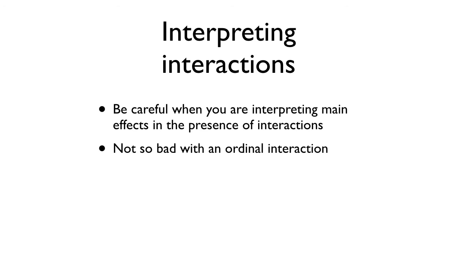There's probably an interaction there because those are not parallel lines, but I would feel pretty confident saying I would be able to say that A2 is lower than A1, and that B1 is higher than B2. So I would be confident enough to interpret this by saying I have an effect of A and an effect of B and an interaction. Because that effect, the difference between B1 and B2, is bigger at A2.